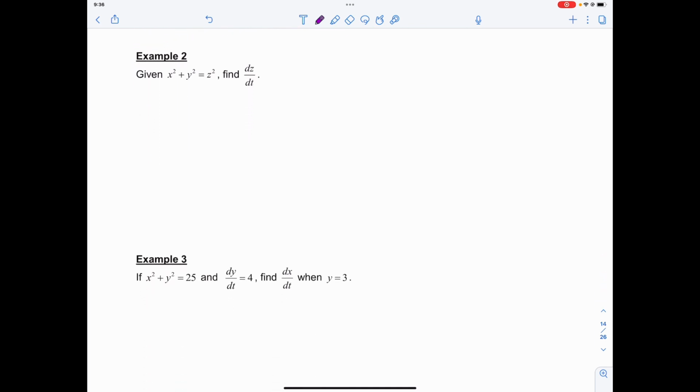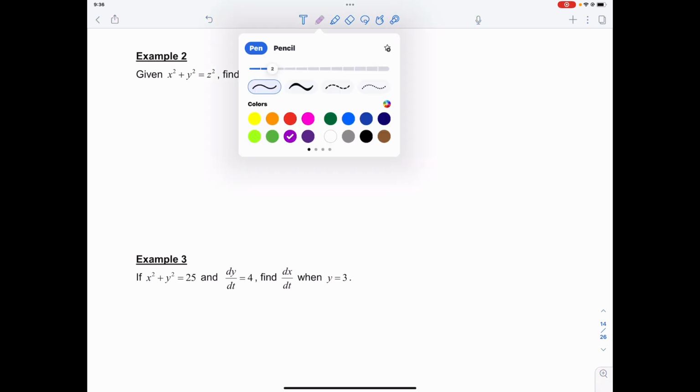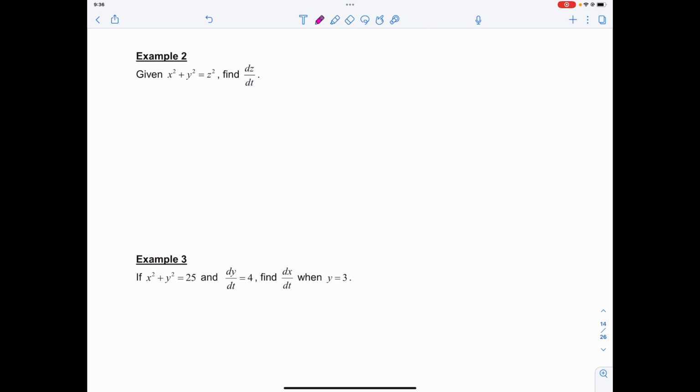For example 2, it says, given x squared plus y squared is equal to z squared, find the differentiation of z in terms of time. Well, when I do this, I'm going to differentiate both sides of the equation, and remember that I need to differentiate each of these variables in terms of time.